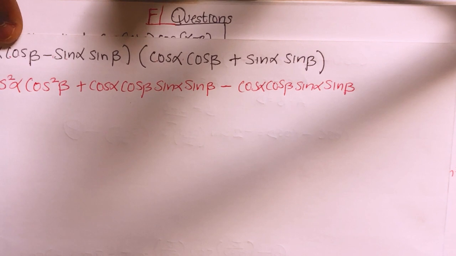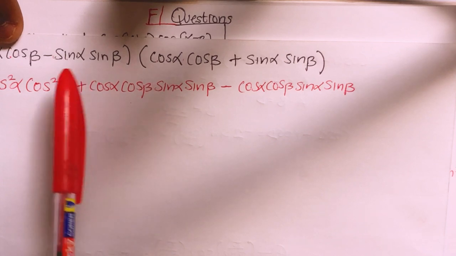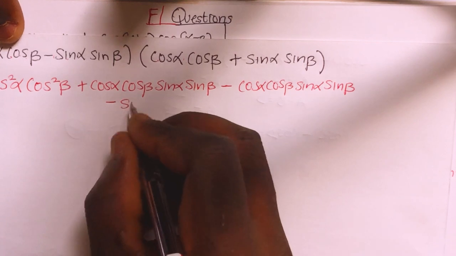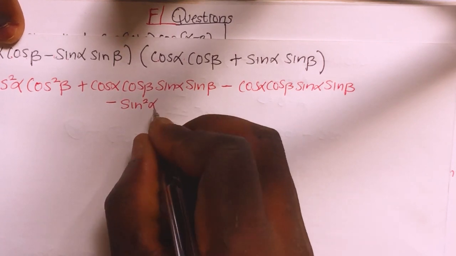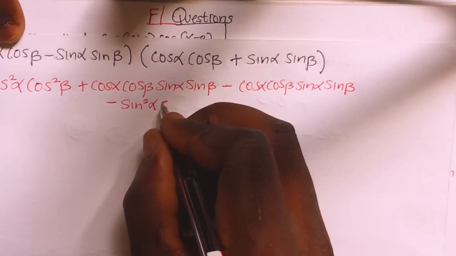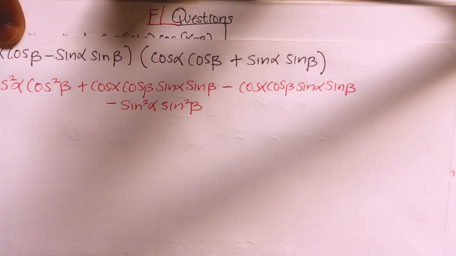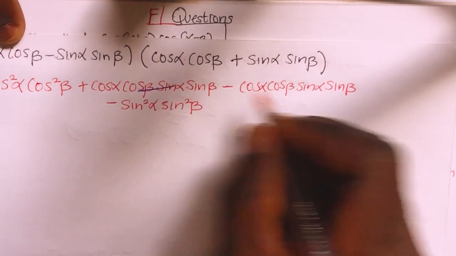So looking at this again, this multiplied like this gives minus sine square alpha sine square beta. Then this cancels this.